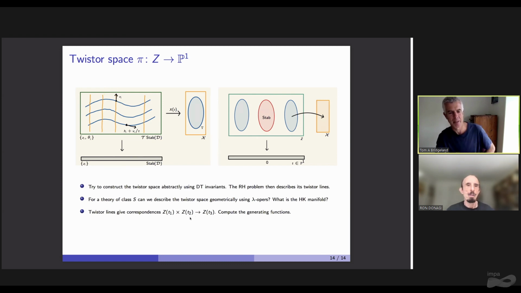I imagine computing the generating functions of these. Each of these spaces is a kind of symplectic space, so you fix a point here, then you have a map from this fiber to that fiber, and you can try and describe that using a generating function. That's what I really dream of: that the partition function ends up having some kind of geometric interpretation as a generating function for some map related to the geometry of this system. But for now, I don't have anything completely concrete to say on that.